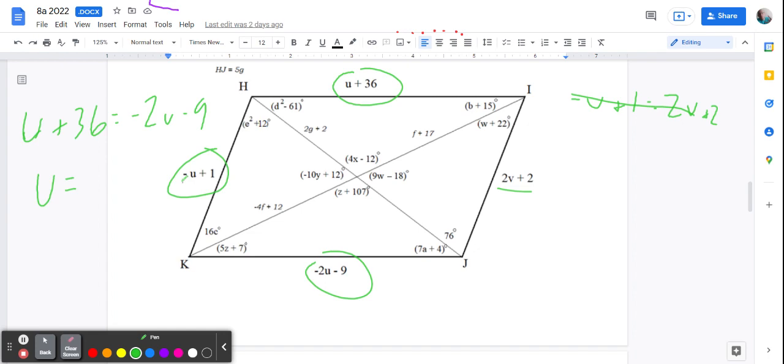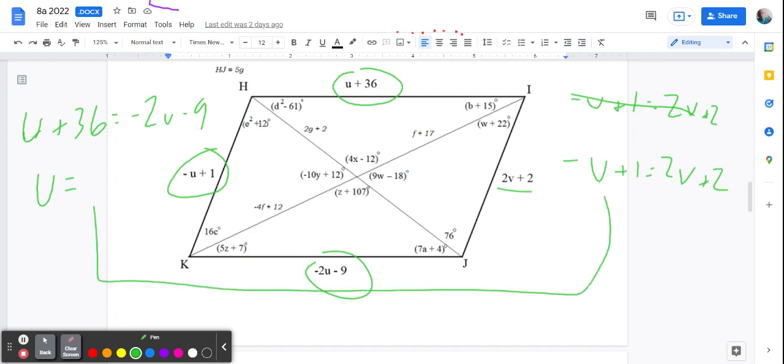Once we get our number for u, now we can go back to negative u plus 1 equals 2v plus 2, and plug in our u number here to get a number equal to 2v plus 2. And now we have our u, we have our v, and we take care of all of our sides. So that's our u and our v.